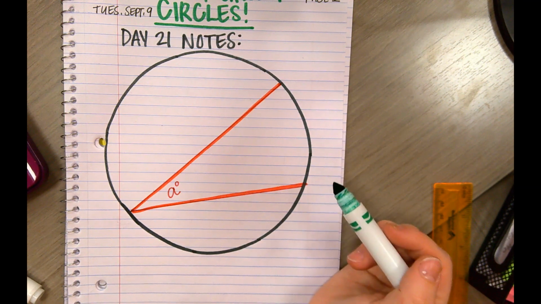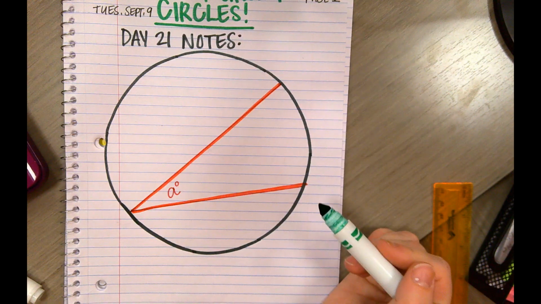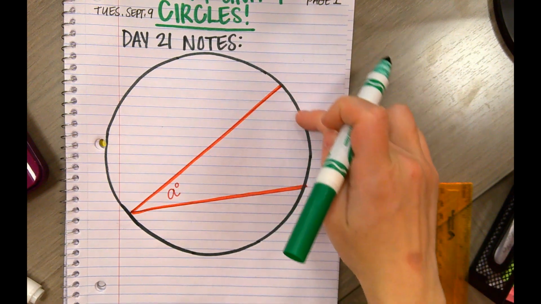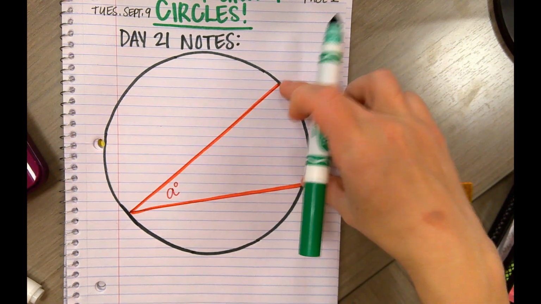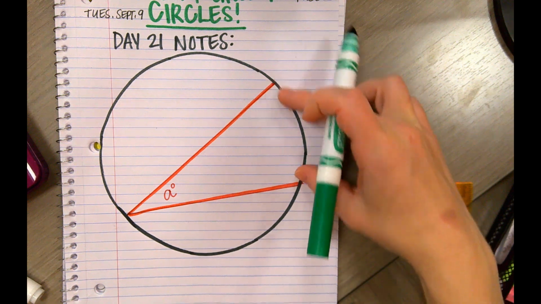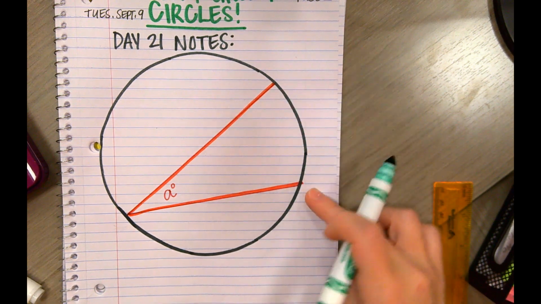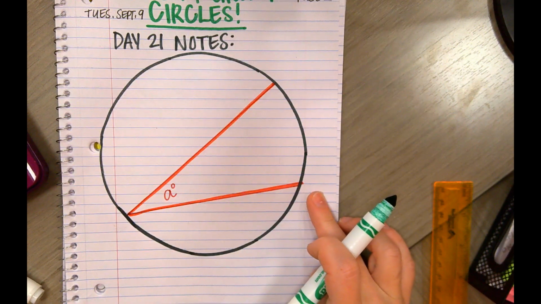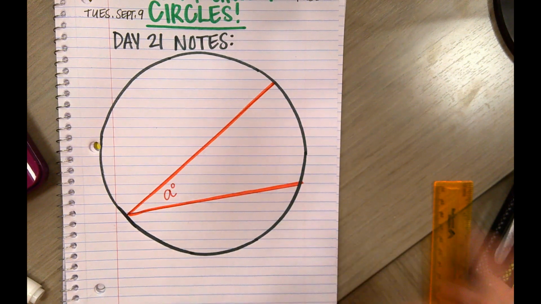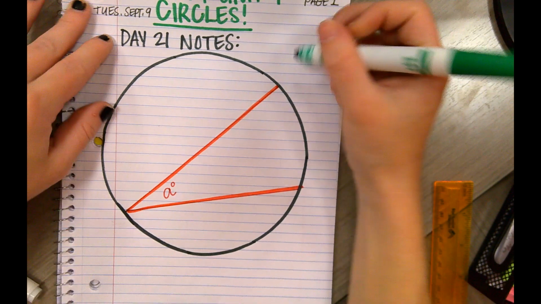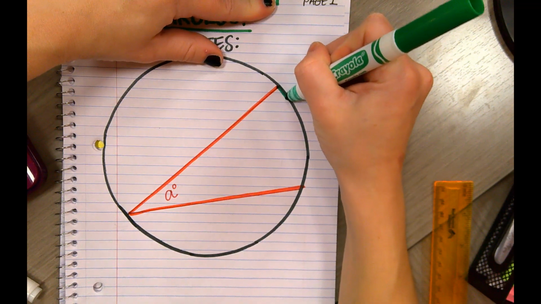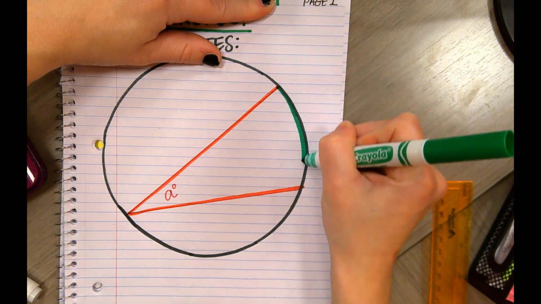And in circles, math gets a little weird because the length that is created in the opening of this angle, even though it's not a line, it's a curve, we're also going to measure it in degrees. It's kind of weird. That's what's confusing me a little bit. I want to study on that before I tell you more things.